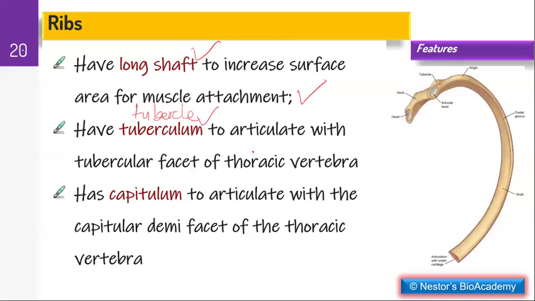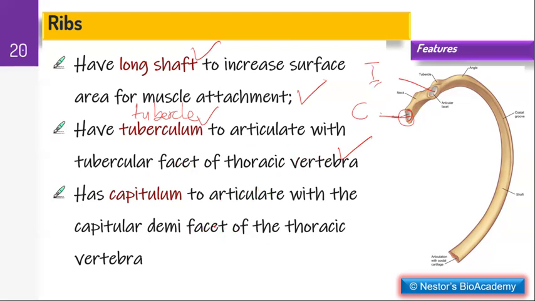And this tubercle is important because it is used to articulate with the tubercular facet of the thoracic vertebra. Of course, we also have the capitulum, and the capitulum is like the head of the rib here. The tuberculum is this point. This is the capitulum, but this is the tuberculum. So the capitulum is also used to articulate with the capitular demifacet of the thoracic vertebra.